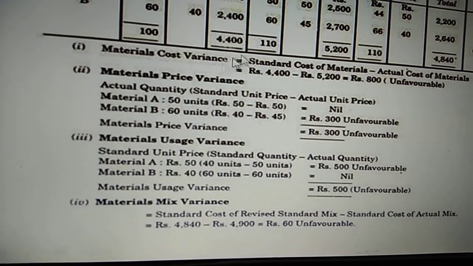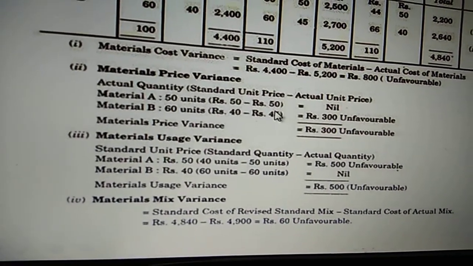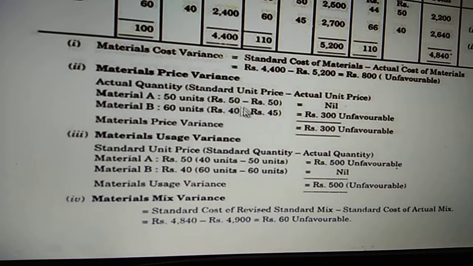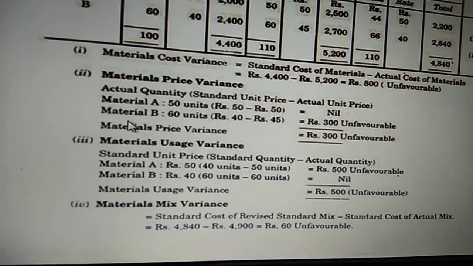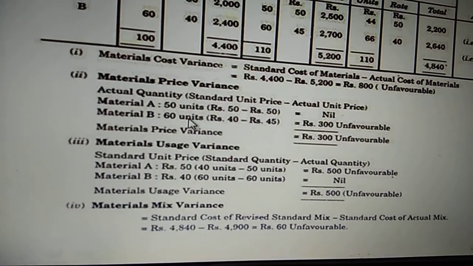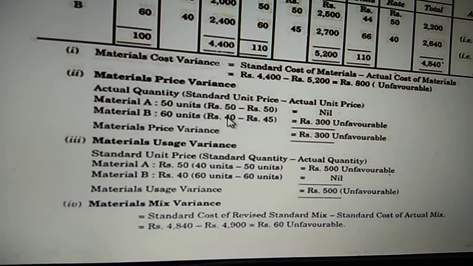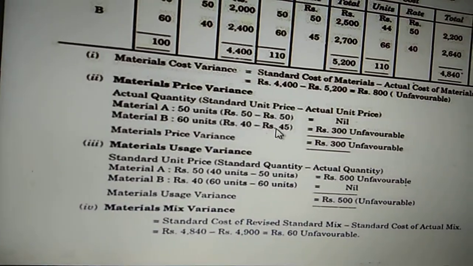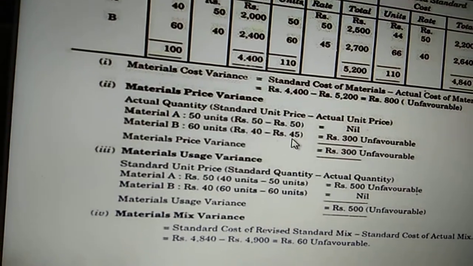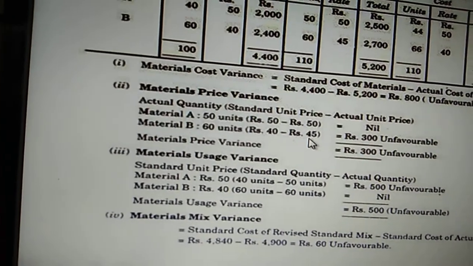The standard unit price is 50 and the actual is also 50, so the difference is 0, and 0 into 50 is nil. For material B, 60 units actually are used. The standard unit price is 40 and the actual is 45. The difference is 5, that is, actual is more by 5 rupees.